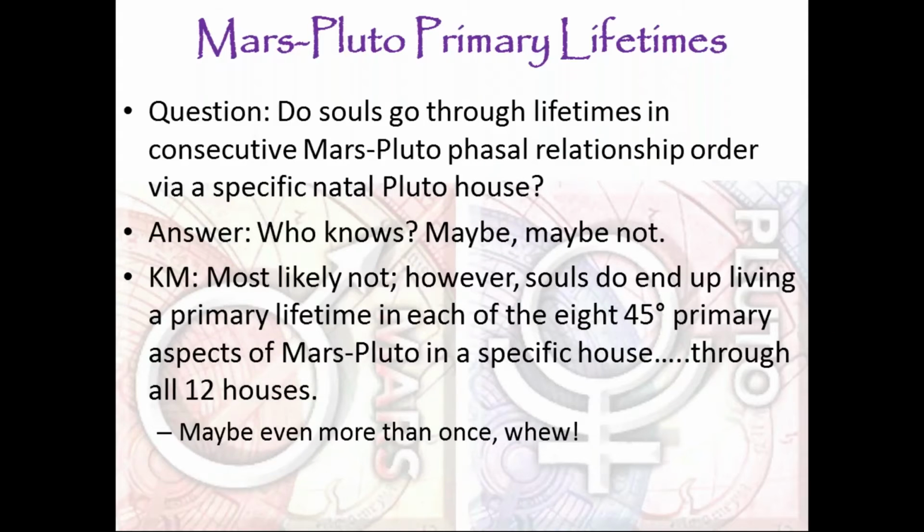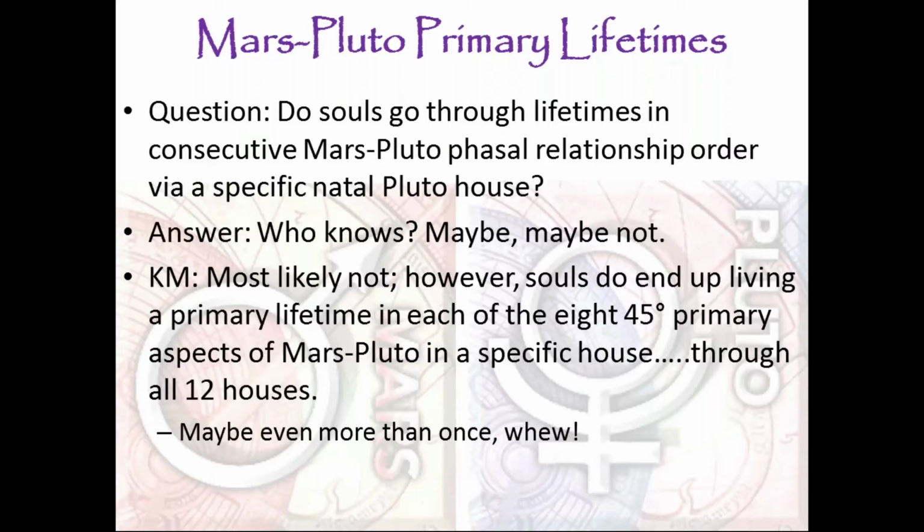Now, one of the primary questions is: do souls go through lifetimes in consecutive Mars-Pluto phasal relationship order via a specific natal Pluto house? Answer: who knows? No one does know.